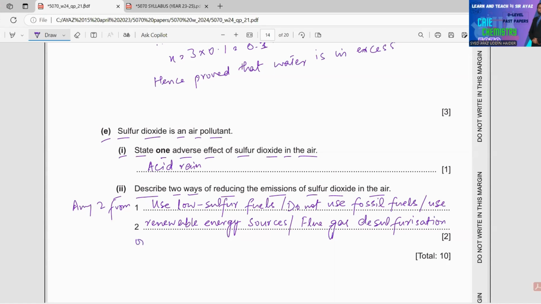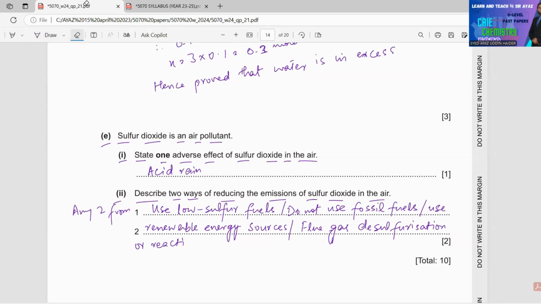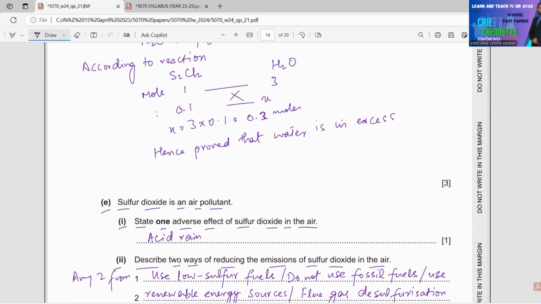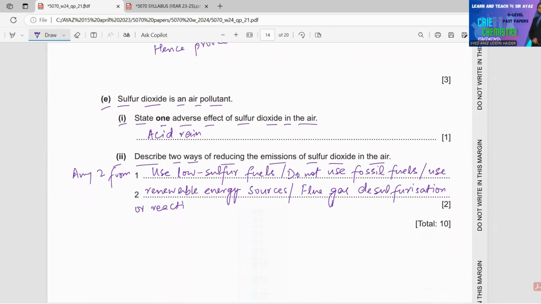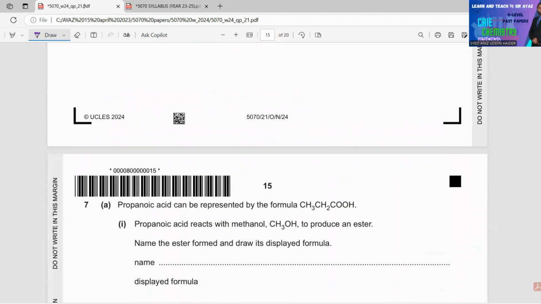Or reacting SO2 with CaO or CaCO3. You can write any two from these.